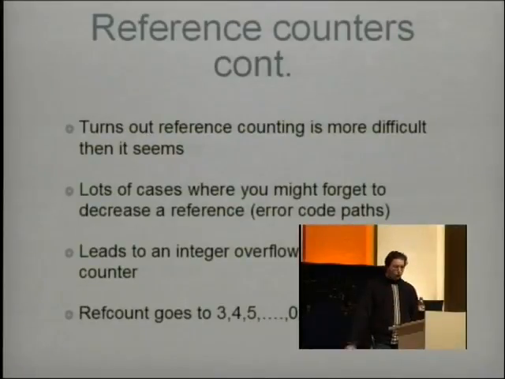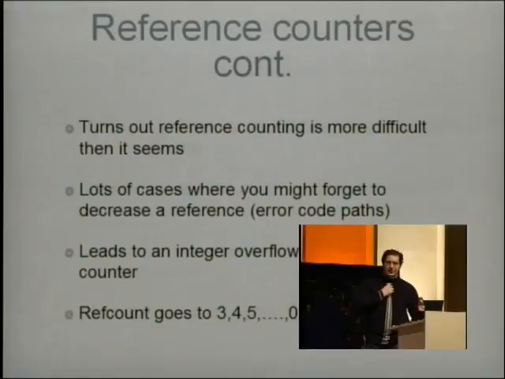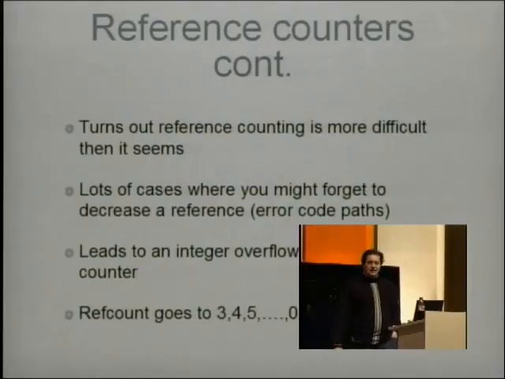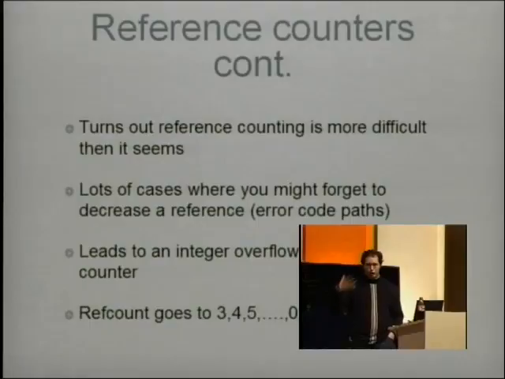One of the most common mistakes people make is they use the object and increase the reference counter, but in some error code paths, they forget to decrease it. So the reference counter, before you got the object, might have been 1, and then you use it, so you say +2. And then you forget to unuse it, so the reference counter stays at 2. The next time you call this particular code path, the exact same thing happens.